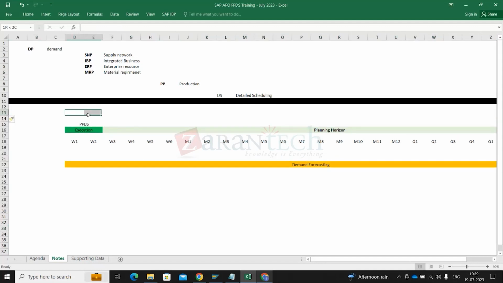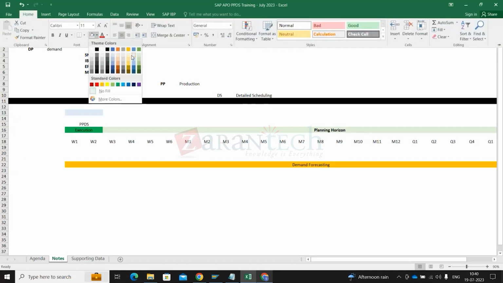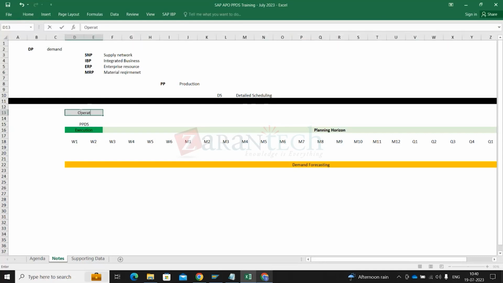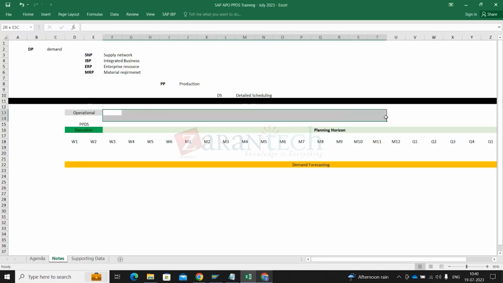But in general, from the supply chain concept perspective, the first 2 weeks are called the operational horizon. Then the next 1 year, perhaps you would call the tactical planning horizon.